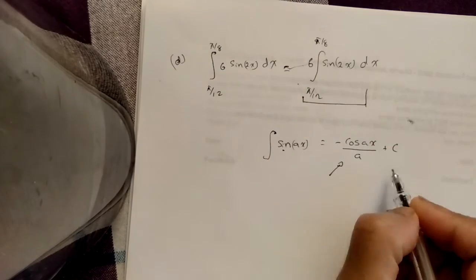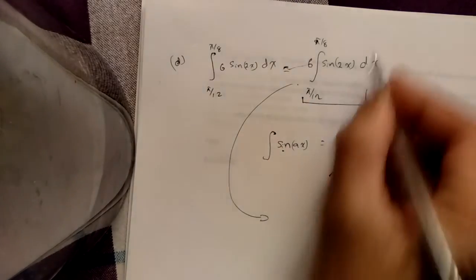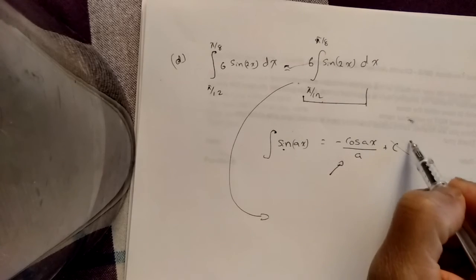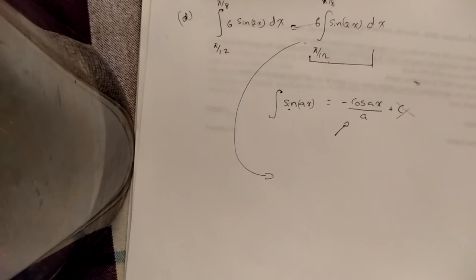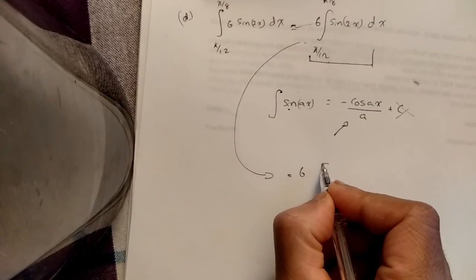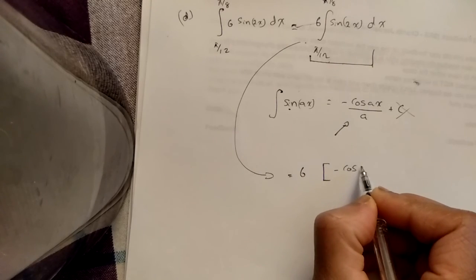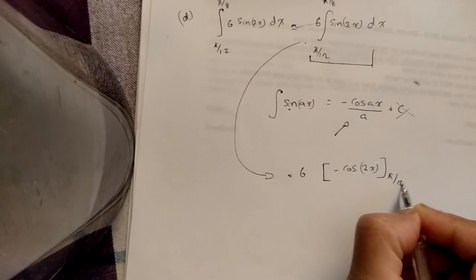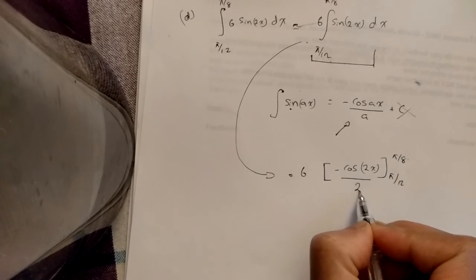Right, now as we have this standard result, we just have to substitute it in place of this one. And again, since this is a definite integral, we don't have to use an arbitrary constant. Okay, right, now we have 6, and the antiderivative is cosine 2x evaluated at these two points, divided by 2.